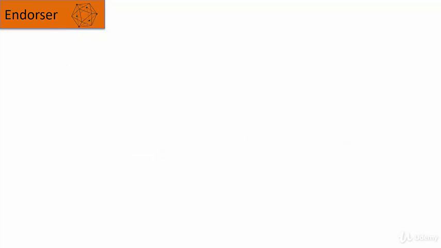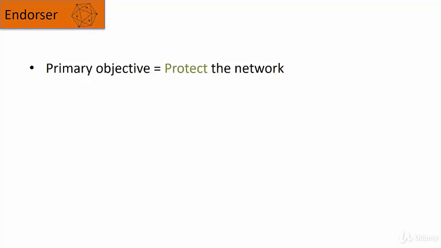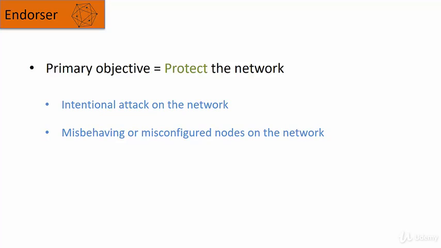The primary objective of the endorsing peer or the endorser is to protect the network. Now, when I say protect the network, it doesn't necessarily mean protect from intentional attack on the network, but it also means that it needs to protect the network from a misbehaving or a misconfigured node on the network.